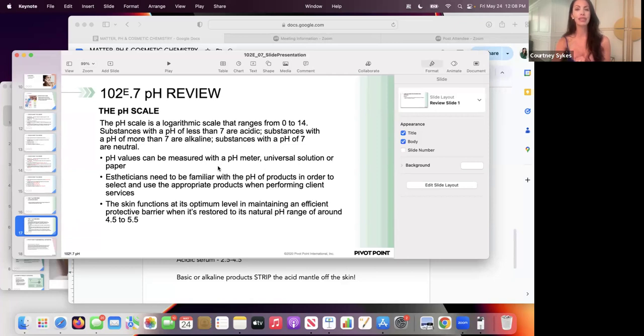Substances with a pH of less than 7 are acidic. We mentioned that. And anything more than a 7 is more alkaline. pH values can be measured with a pH meter, universal solution, or paper. Estheticians or beauty practitioners need to be familiar with the pH of products in order to select and use the appropriate products when performing client services. So pull out those pH testing strips. Let's make sure we know what the pH is of these products, folks, okay?